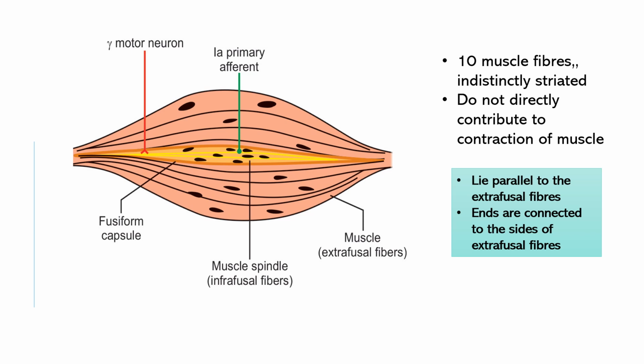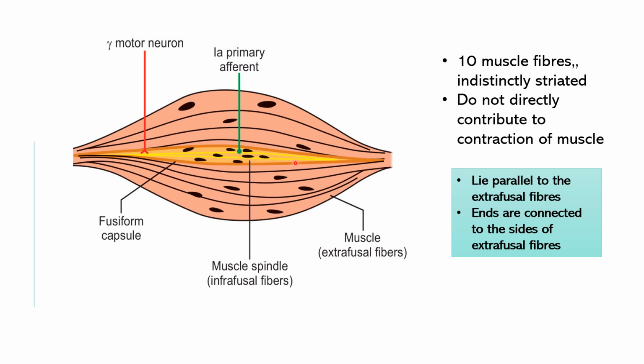So you can ask, what are the extrafusal fibers? Intrafusal fibers, we have read about the muscle fibers, the actin, myosin, troponin, and their contraction. We have never heard about this. So it is seen that in the muscle bulk, only about 10 muscle fibers are indistinctly striated.